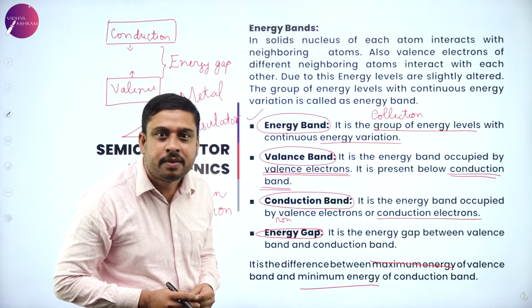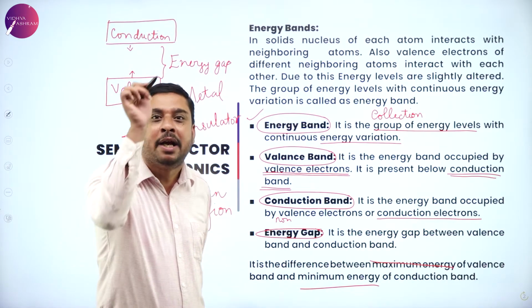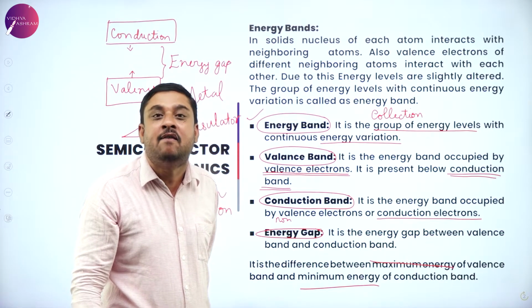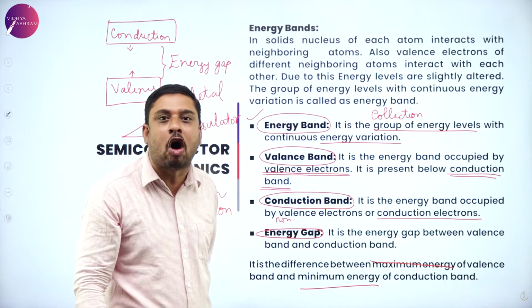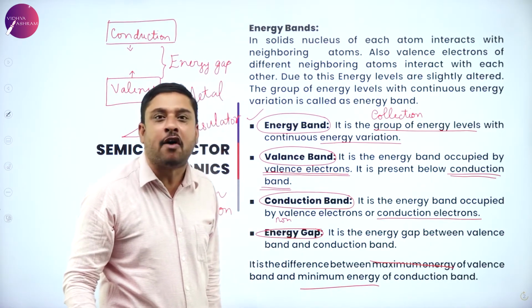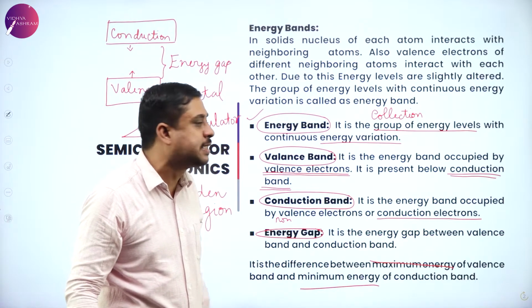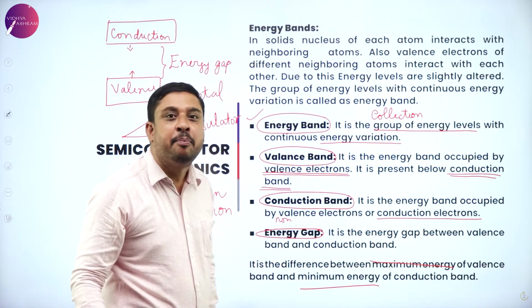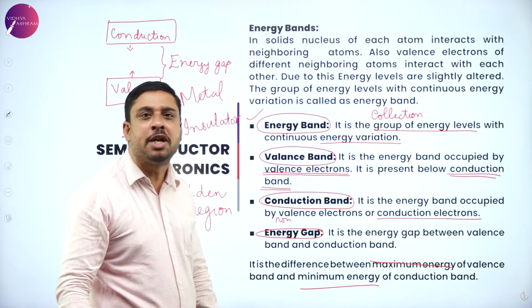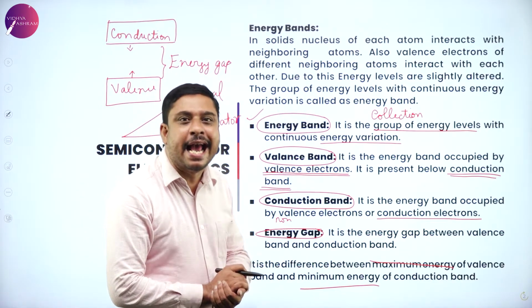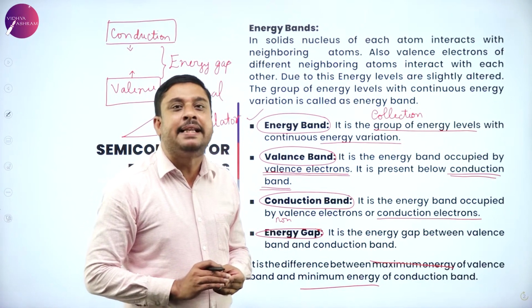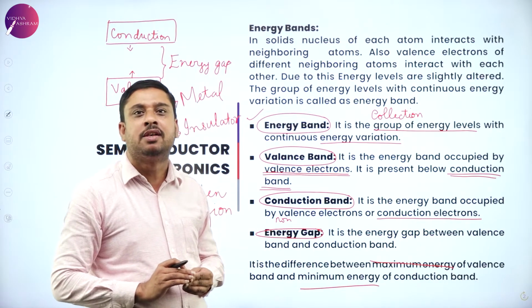Valence band is occupied by the outermost electrons, the valence electrons, a beautiful residence for valence electrons, and it is present below the conduction band. Conduction band is the energy band occupied by the conduction electrons.